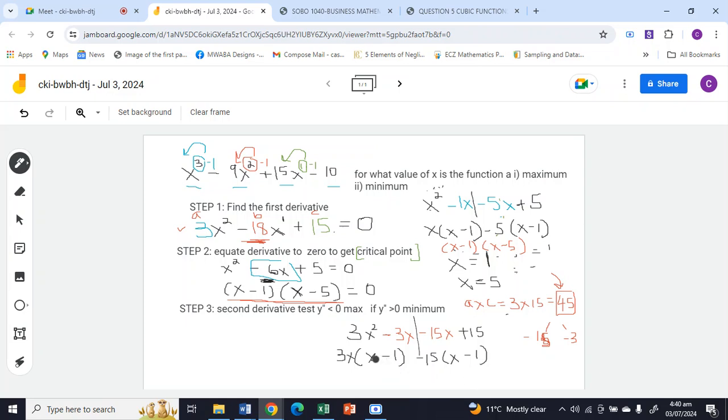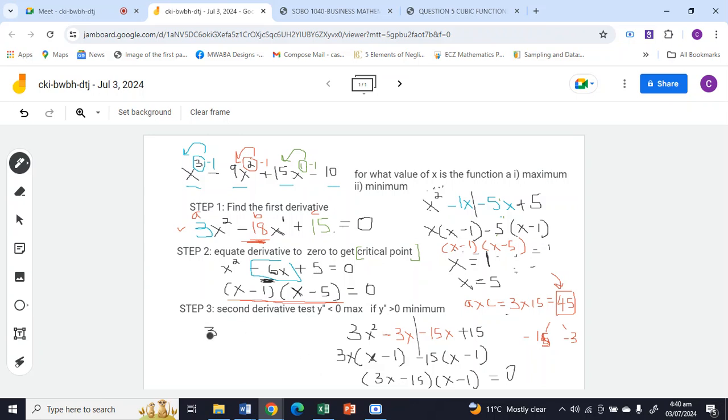Since in our brackets we have x minus 1, which is common, I'm going to say (3x minus 15), close brackets, (x minus 1). Then you equate to 0. So 3x minus 15 equals 0.